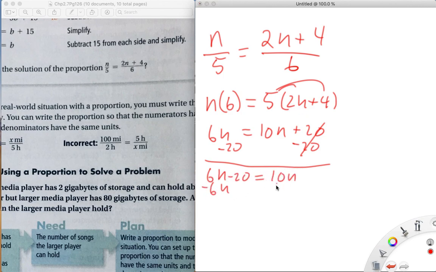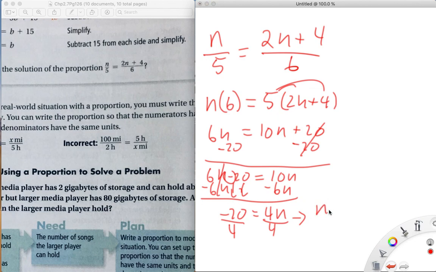Then subtract 6n from both sides. The negative 20 drops. Very common mistake. Don't forget that that negative sign is there. 10 minus 6 is 4. What's happening to n? N is being multiplied by 4, so I do the opposite operation, which is to divide by 4. What I do on one side, I do to the other. So n equals negative 5.